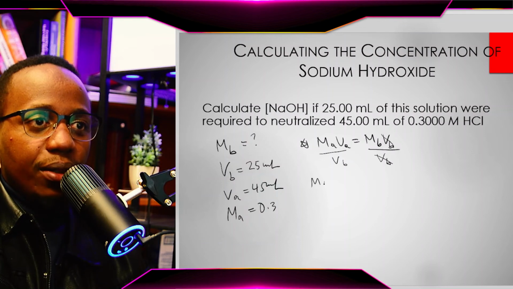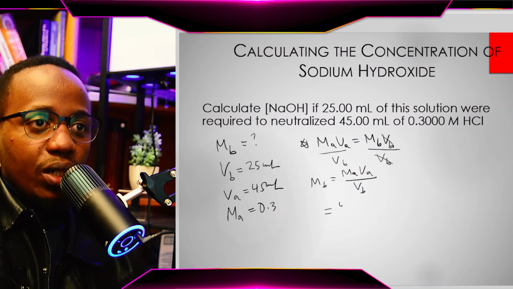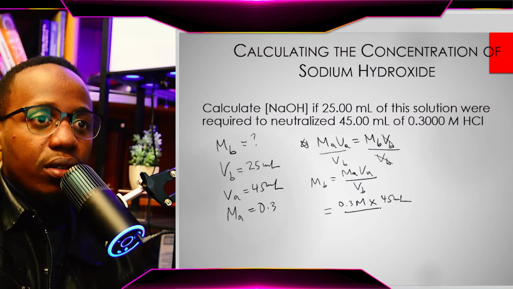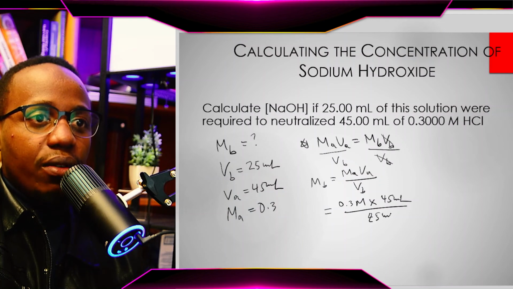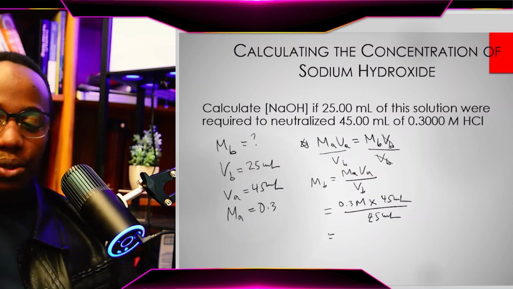So MB is equal to MAVA over VB, and then you just substitute. MA is the concentration of the acid, VA is the volume of the acid, over VB, the volume of the base, 25 ml. So 0.3 times 45 over 25.